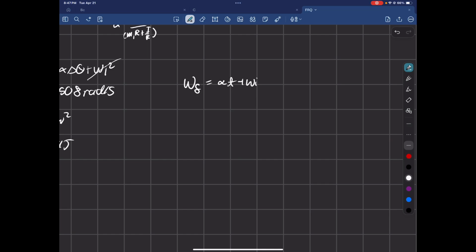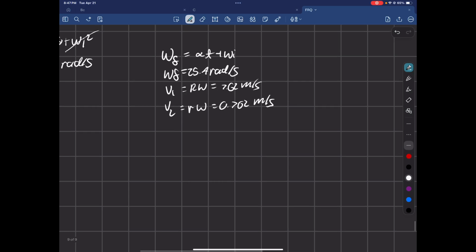And we have 25.4 rad per second. And we can convert this into linear to find V1 and V2. So we go R omega. We get 7.62 meters per second and 0.762 meters per second.